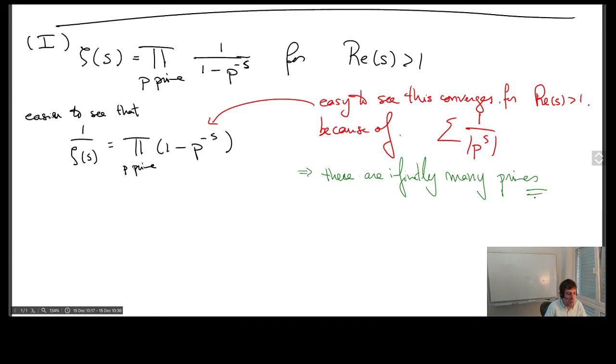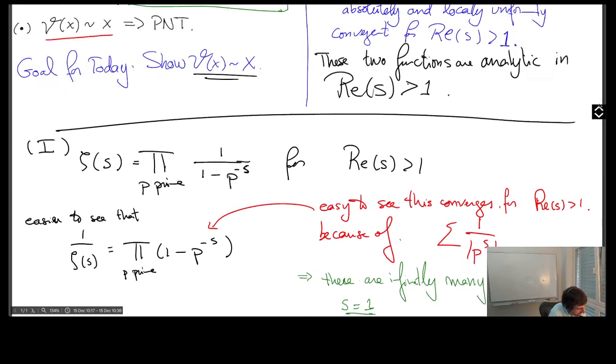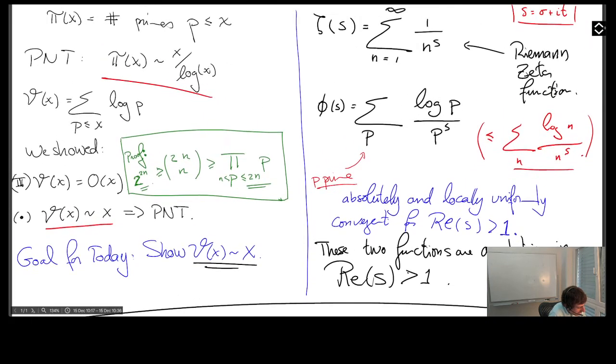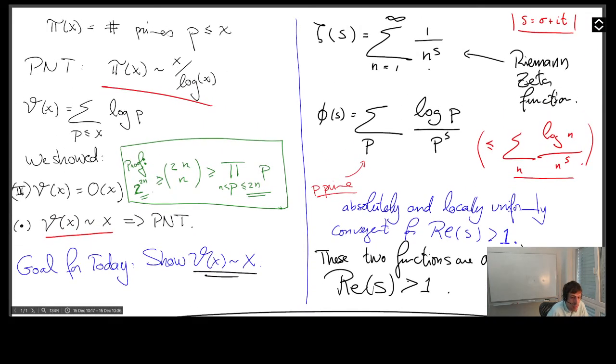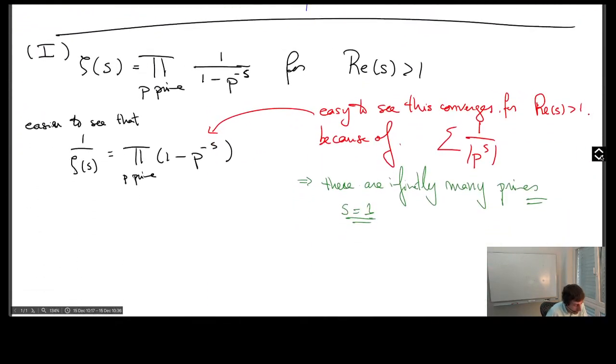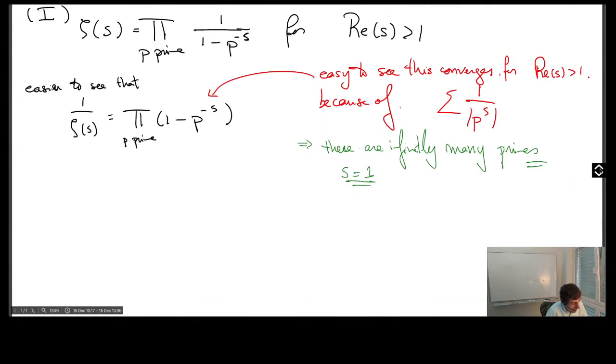So how do we get this? Well, just look at what happens at s equals 1. If you look at the definition of the Riemann zeta function, it cannot possibly converge, because the harmonic series diverges. The sum of 1 over n diverges, and so for s equals 1, zeta of s cannot converge.